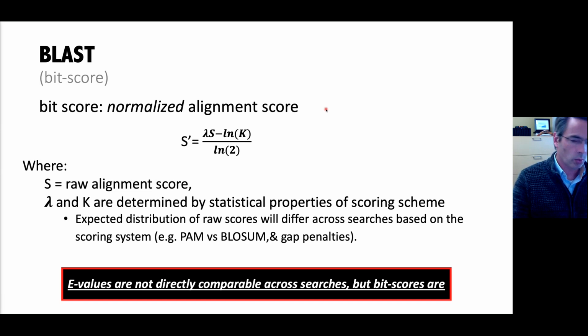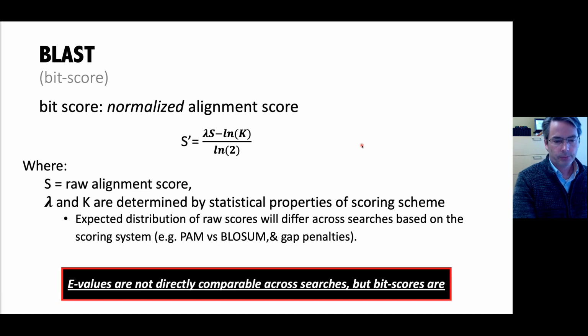So between search 1 and search 2, I could compare whether the score is better, whether the alignment is better. A real example: if I have gene A from Drosophila melanogaster and I search Tribolium castaneum in one search, and then I search Tribolium confusum, a different beetle, and I want to compare whether the match from Drosophila is better in castaneum or in confusum, I need to use the bit score, not the E value, because the castaneum database is not exactly the same size as the database in confusum.